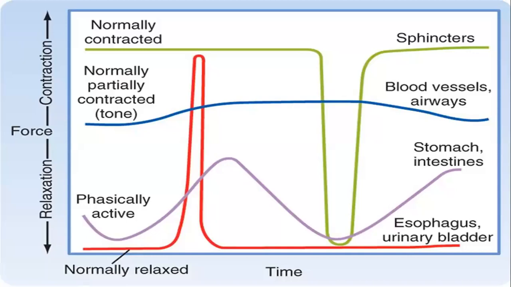Now look at this picture. We will see about phasic and tonic. Some contractile activity patterns exhibited by the smooth muscles are shown in this diagram. Tonic smooth muscles are normally contracted and generate a variable steady state force.